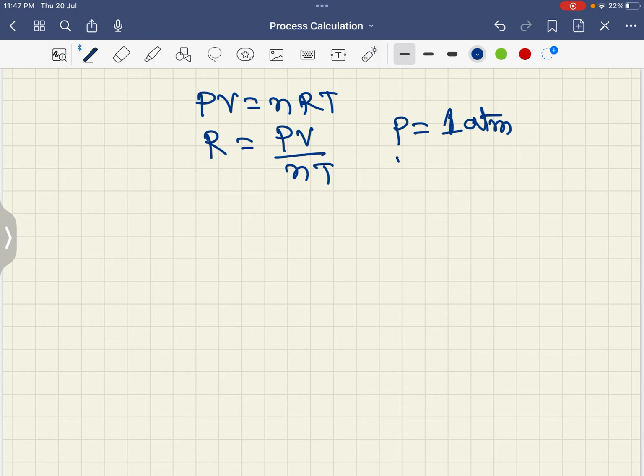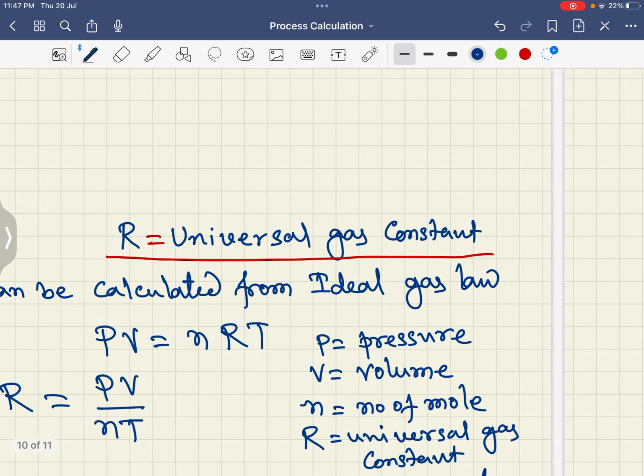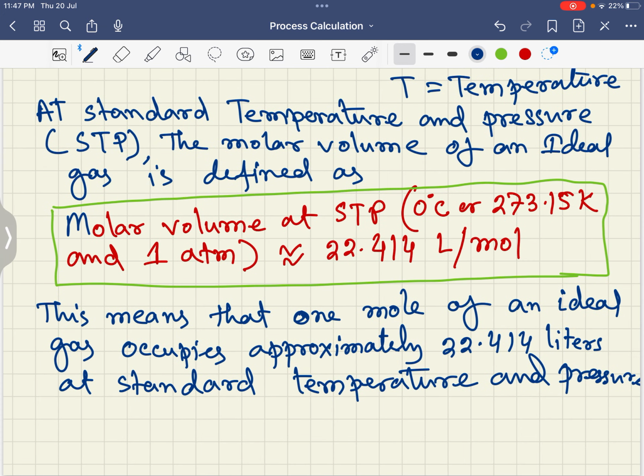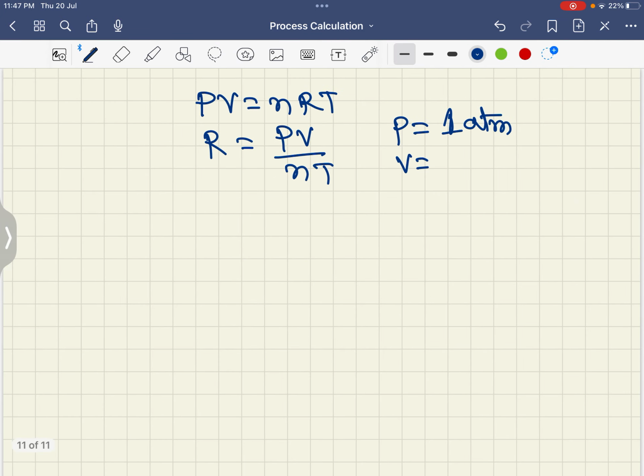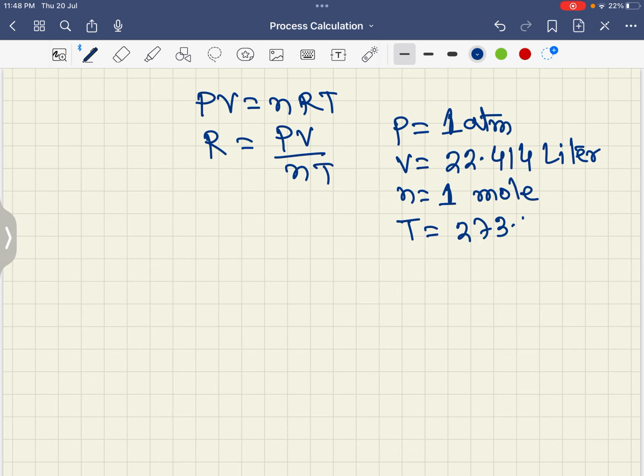And then V is the volume, we know from here, so that is molar volume at STP, so 22.414 liter. Now N is 1 mole and T is 273.15 K.